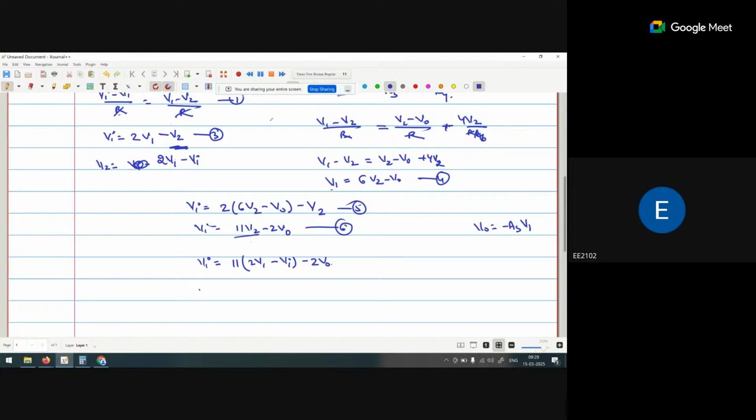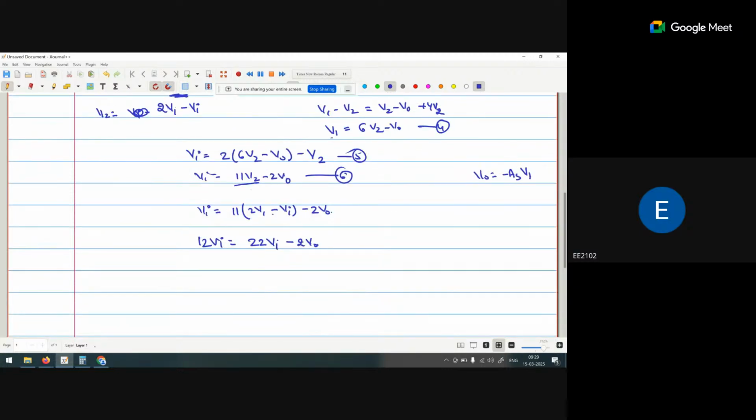Okay, so 12 times Vi is equal to 22 times V1 minus 2 V0. And what is V1? So there is 22 times minus V naught upon A(s) minus 2 V naught equal to 12 Vi.